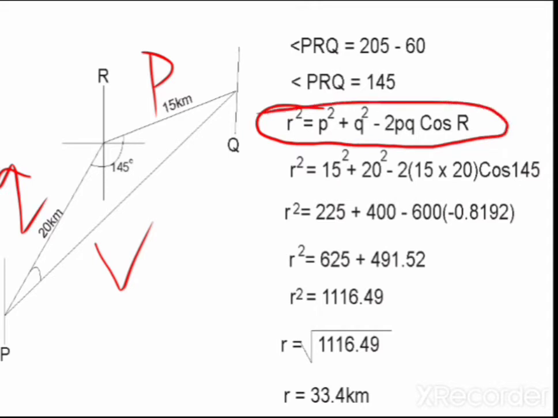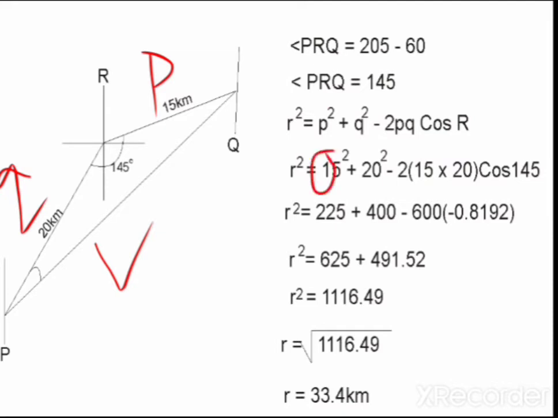We know that the value of p is 15, so we have 15 squared, and the value of q is 20, plus 20 squared, minus 2 times 15 times 20 times cos 145. So let's simply solve. The square of 15 is 225. The square of 20 is 400. Then 15 times 20 is 300, times 2 is 600.